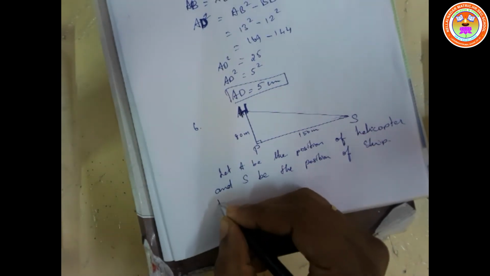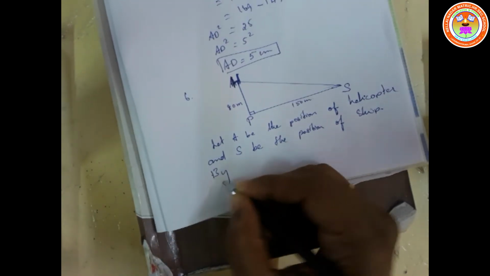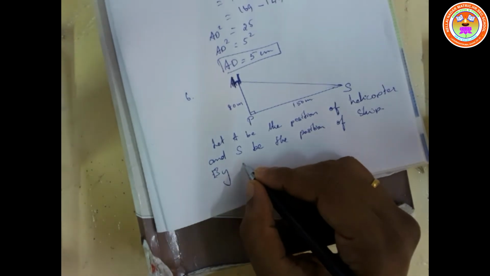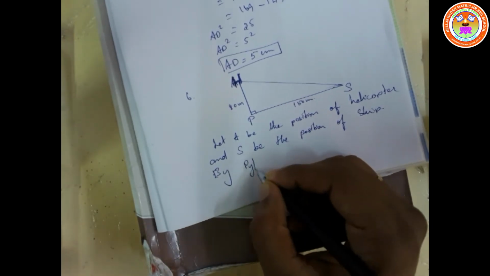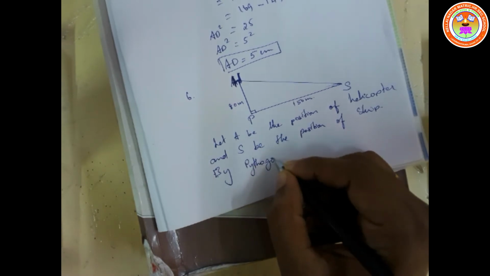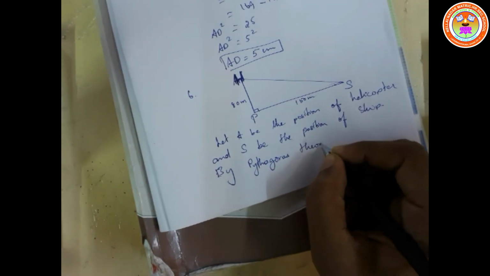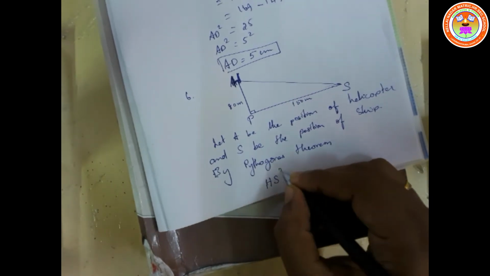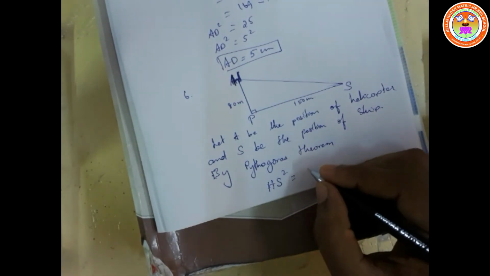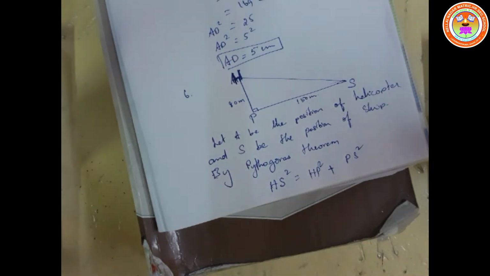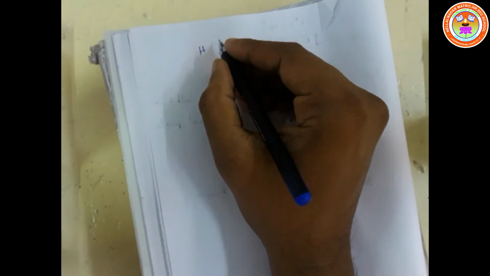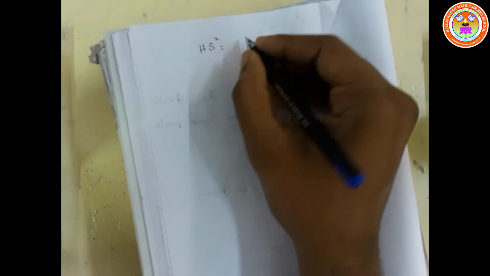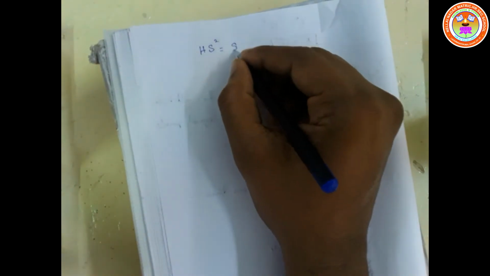So by Pythagoras theorem, since it is a right angle triangle, HS square only we have to find. HS square is equal to HP square plus PS square. HP is 80 meter.